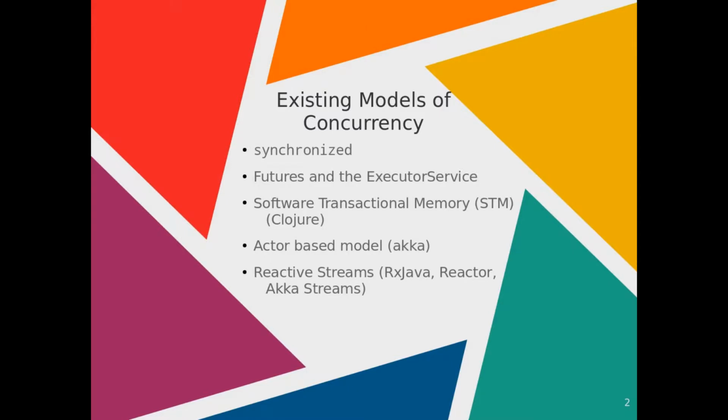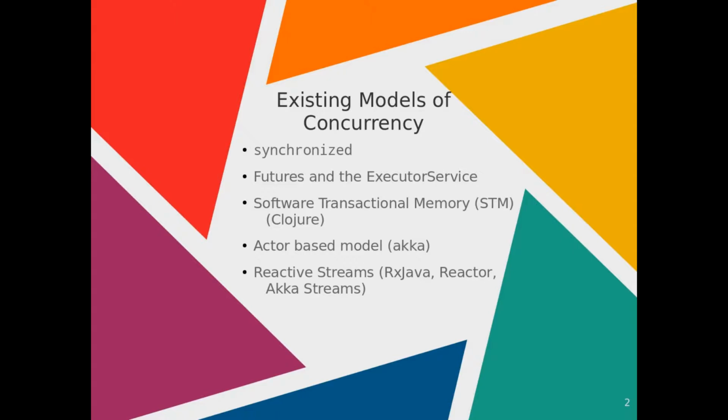So you may be familiar with existing models of concurrency using the synchronized keyword, the future in an executor service in Java, and other concepts like software transactional memory, the actor-based model, and then reactive streams.